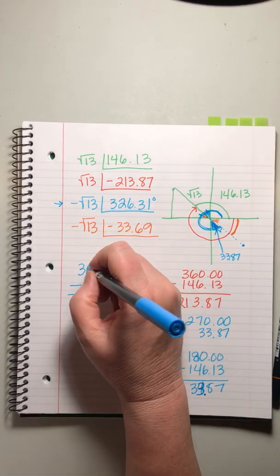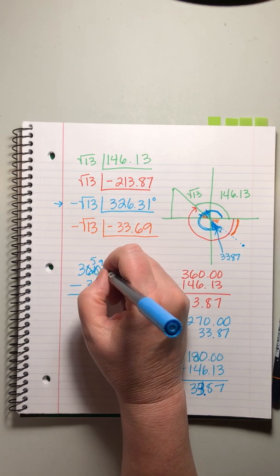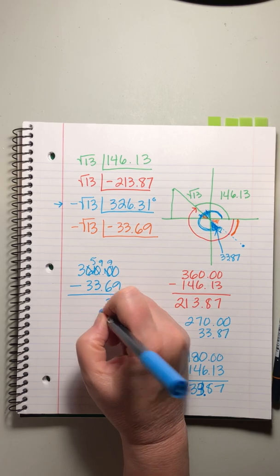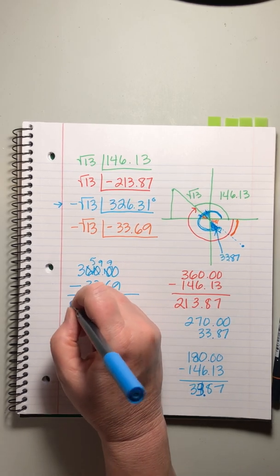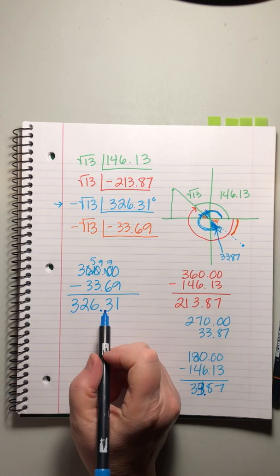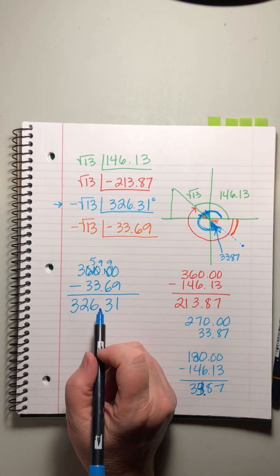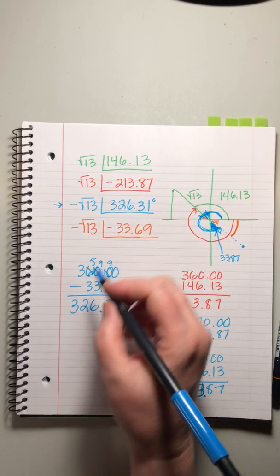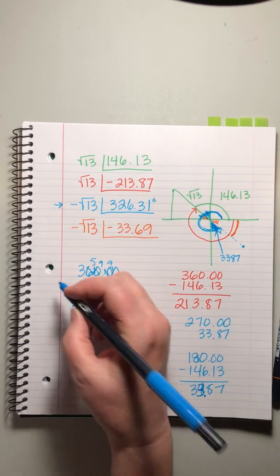So let's subtract. 326.31. Let's see if I got that one right. Oh yeah, there it is. This is the number that goes right there. So I proved it this way.